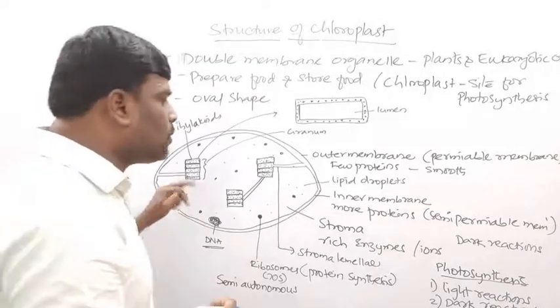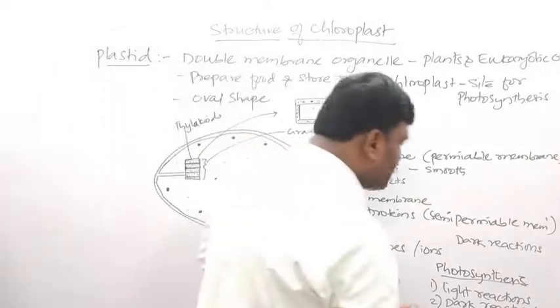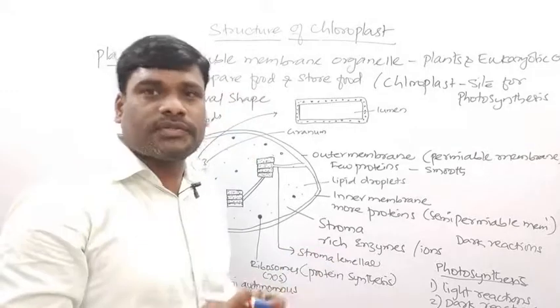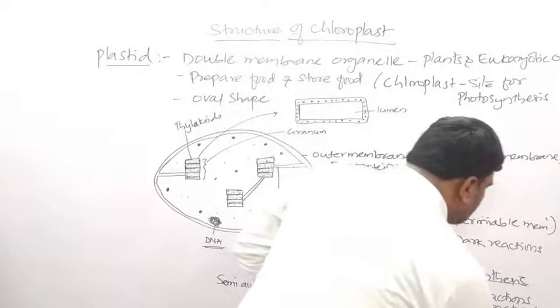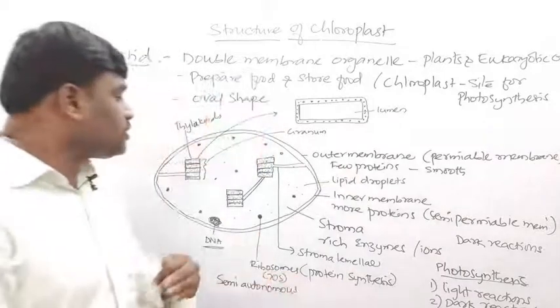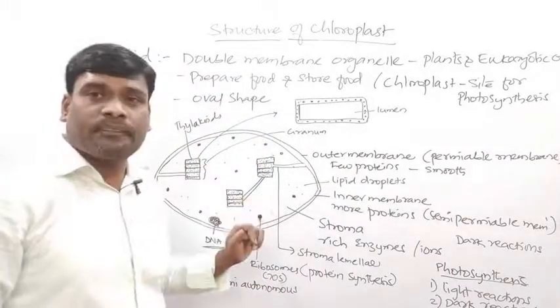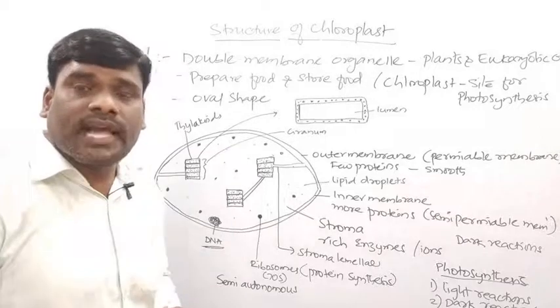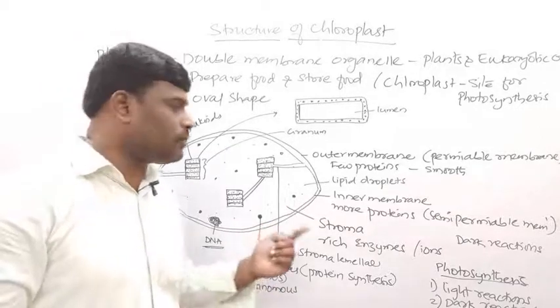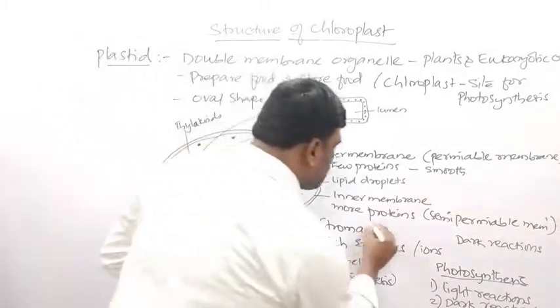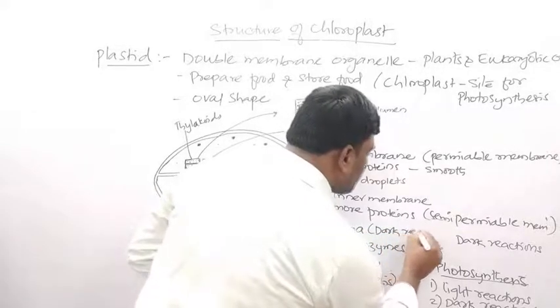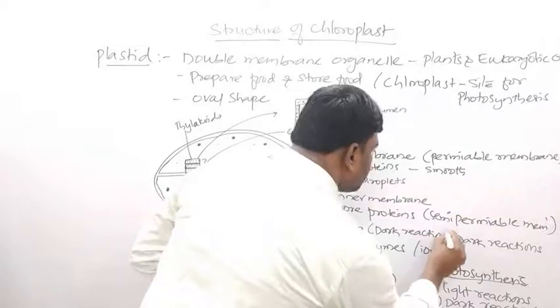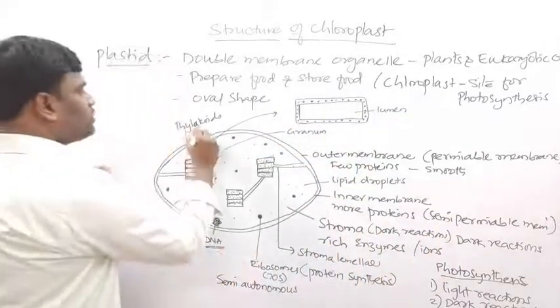Got it? And where do these dark reactions occur? These dark reactions occur in the stroma with the help of enzymes and ions which are present in the stroma, children.